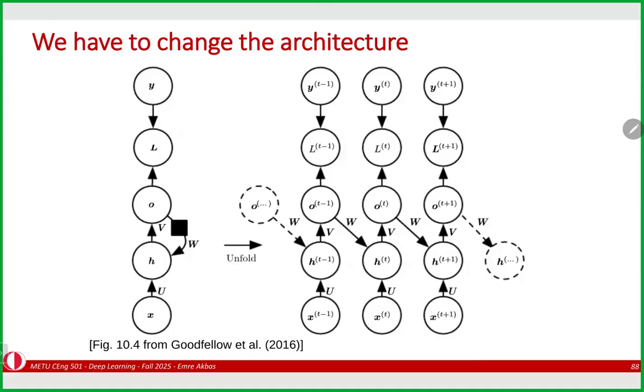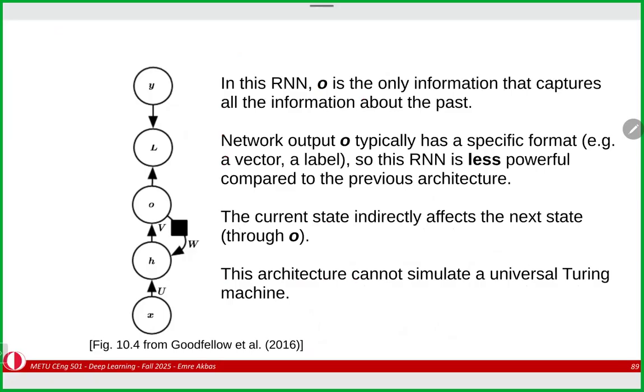If you instead take the recurrence relation from the output to the hidden state, like this, now you can parallelize the training using a method called teacher forcing. We will talk about it shortly, but let's talk about this specific architecture first. In this RNN, which has a recurrence connection from output to hidden state, O is the only information that captures all the information about the past. Previously it was H, now it's O.